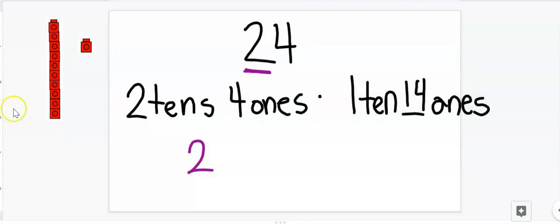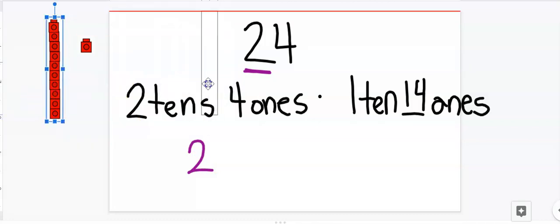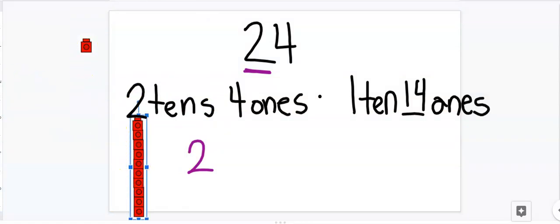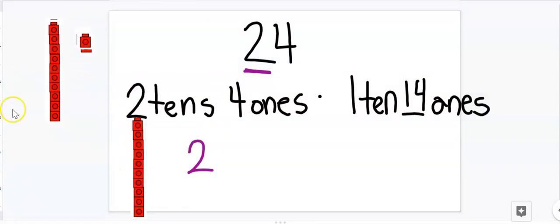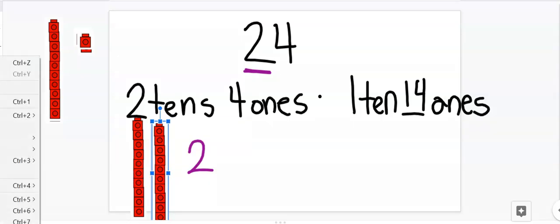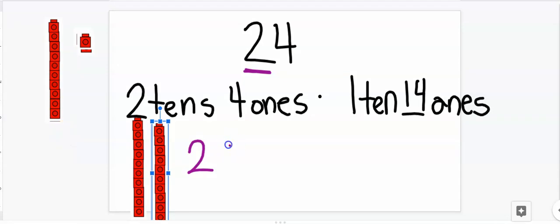Let's count those out. Okay, so let's move our 10s. So if I have 2 10s, how much do I have? 10, 20. That is correct. Get my pen back again. So I have 20. So that's not just a 2, is it?